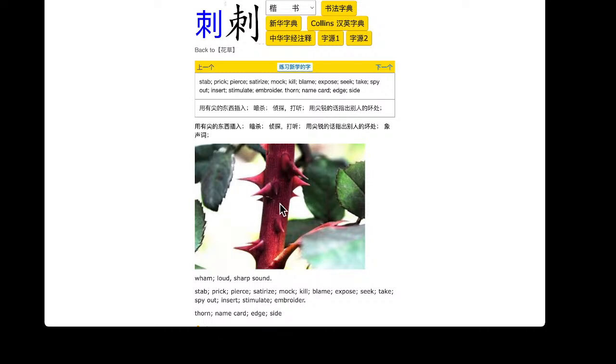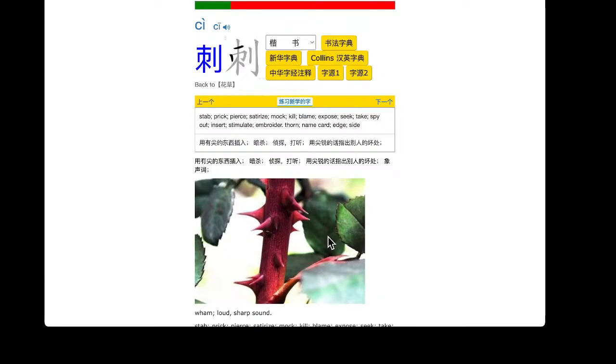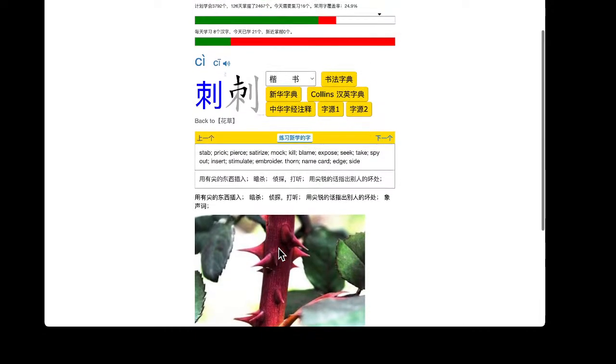刺绣. It's also used as a noun that means the thorn. Okay, here's the picture of a thorn called 刺. It's used as a noun to mean thorn, or anything that resembles a thorn. And I use it as a verb to mean stab, prick, pierce, that kind of thing. Okay, so let's take a look at the character.